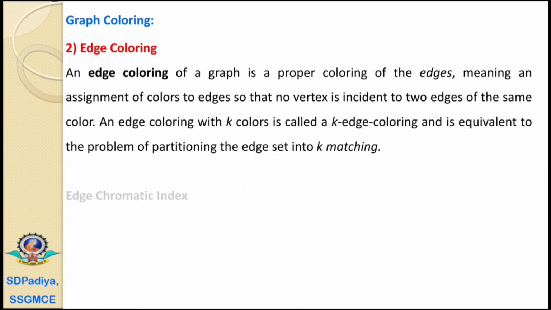Now the minimum number of colors required for the edge coloring is called the edge chromatic index. It is not called a chromatic number, it is called a chromatic index.